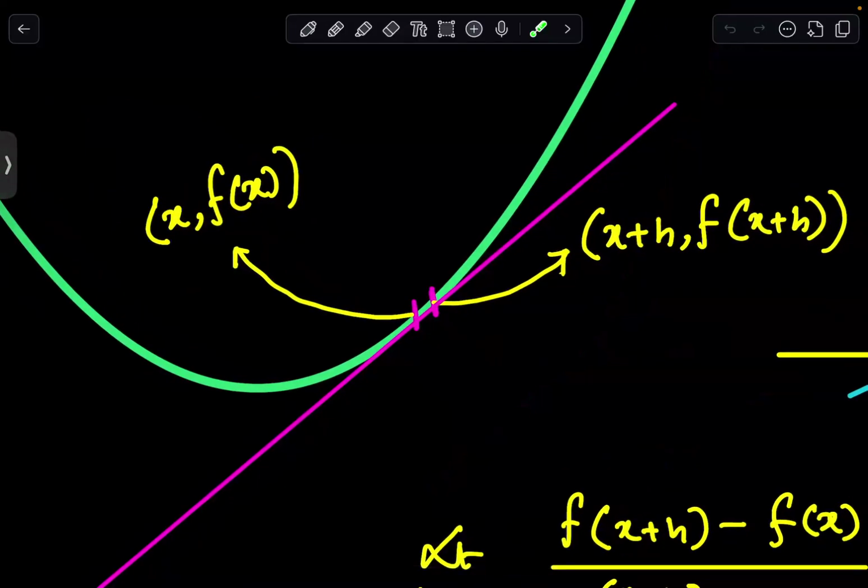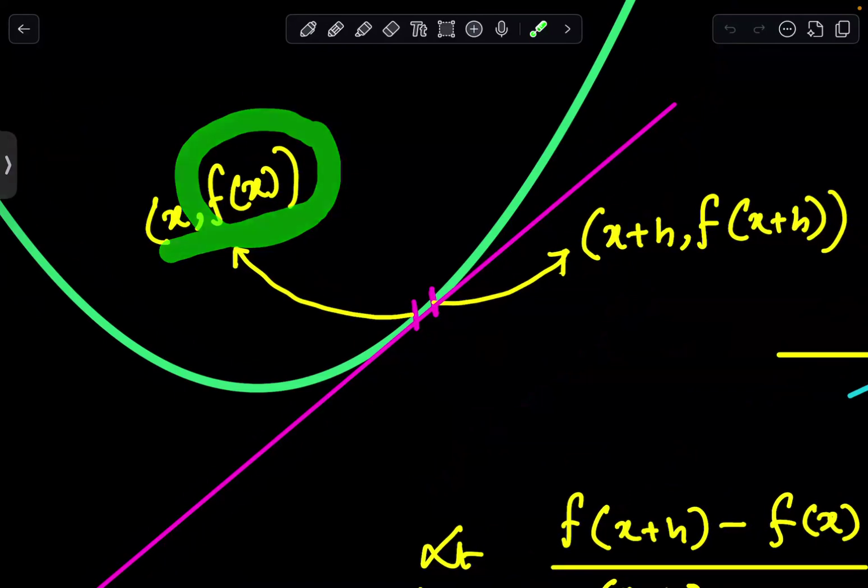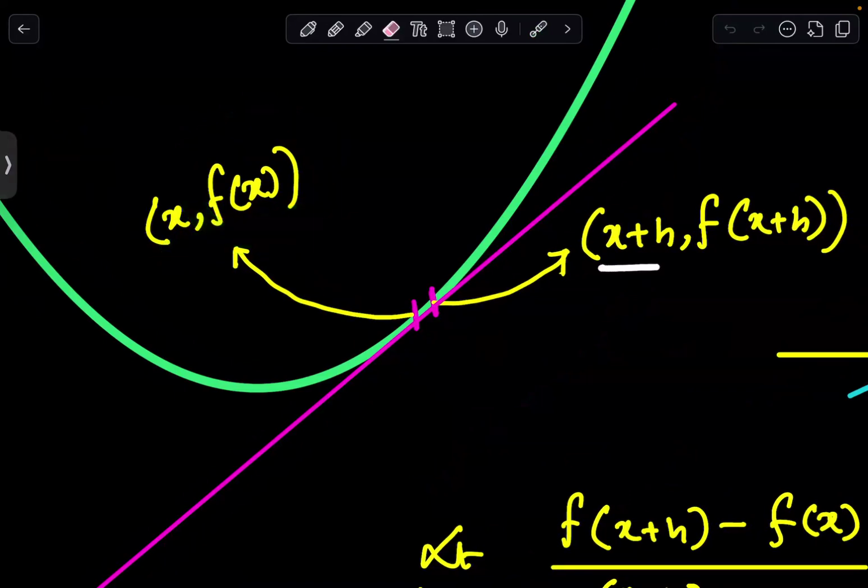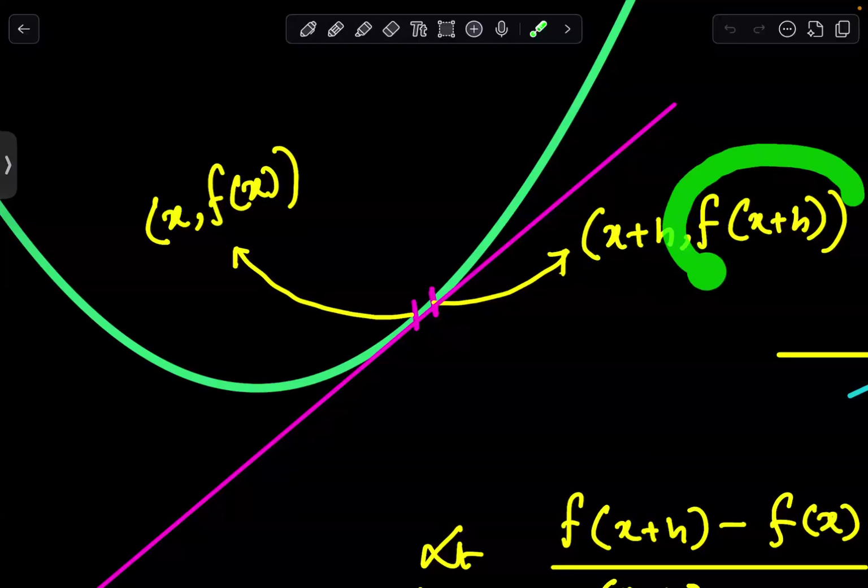How are we ensuring that it is very small? The abscissa for the first point is taken as x and the corresponding ordinate is f of x. For the second point, we have considered the abscissa to be x plus h, and the corresponding ordinate is f of x plus h.